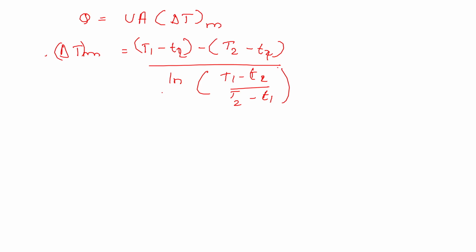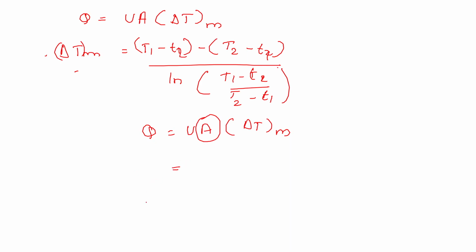Okay, anyhow, we solve it using a calculator, right? After finding this, what will you do? Q is equal to UA times delta Tm. From that, you find the A value.